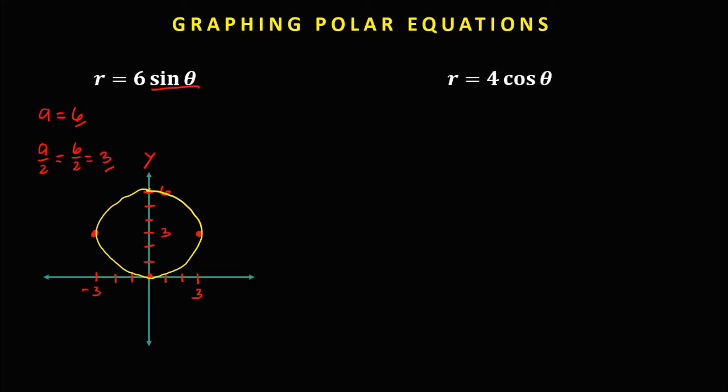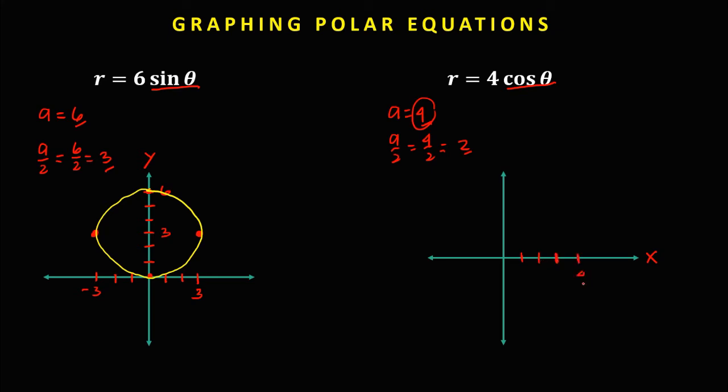Then for this given, r equals 4 cosine theta. So a is equal to 4 and a over 2, that's 4 divided by 2, that's equal to 2. So to graph now this polar equation, since it is cosine theta, the graph is on the x-axis. Then a equals 4. So we have 1, 2, 3, 4.